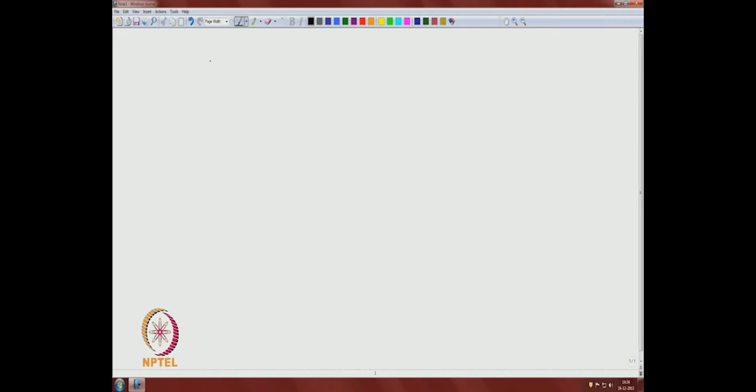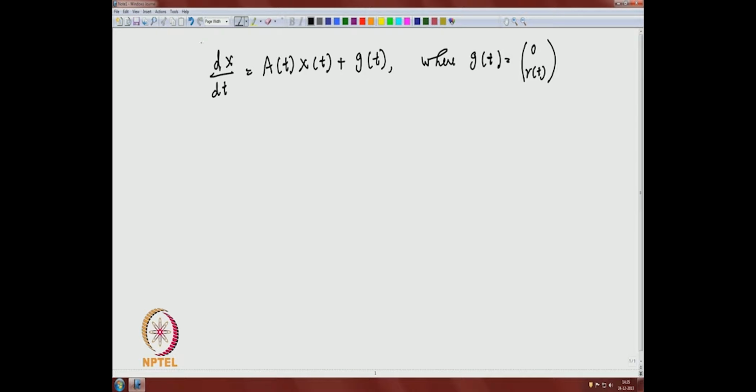we will get a system of the form dx of t by dt is equal to A t x t plus some g t, where g t is equal to 0, r t. So, you can write it as a system of equations.